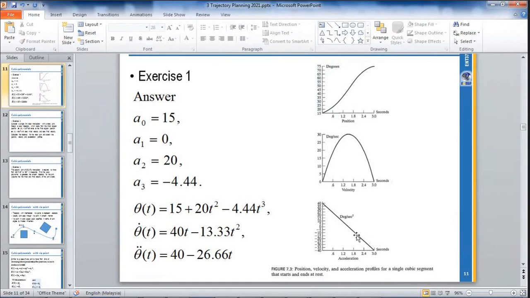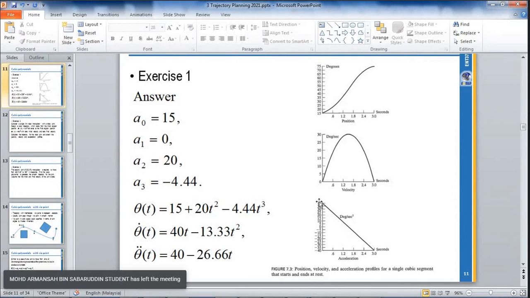So your acceleration will be increased as what we call smooth motion to your final or to your starting or initial position. So this is the acceleration graph.